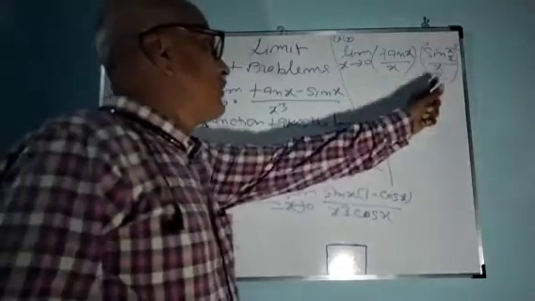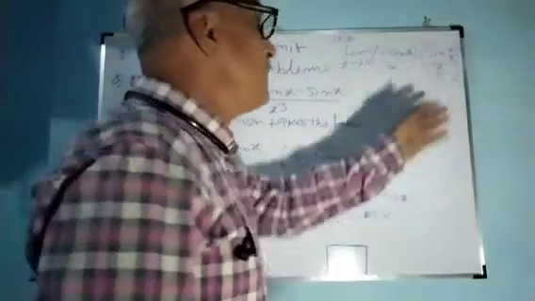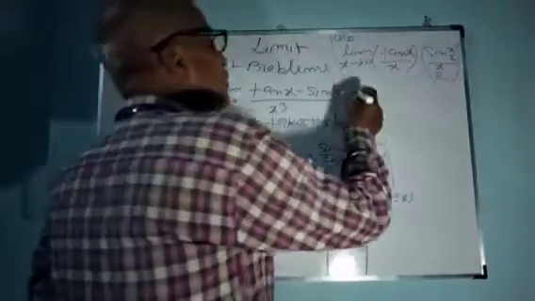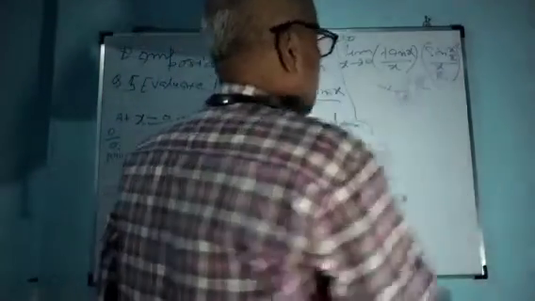Where we have divided the denominator by 1 by 2, we also multiply the numerator. This is equal to into 1 by 2 square.